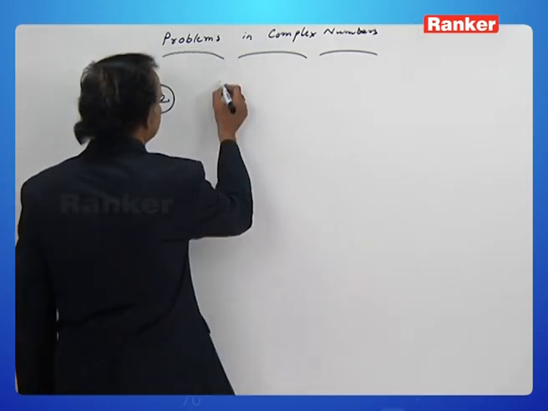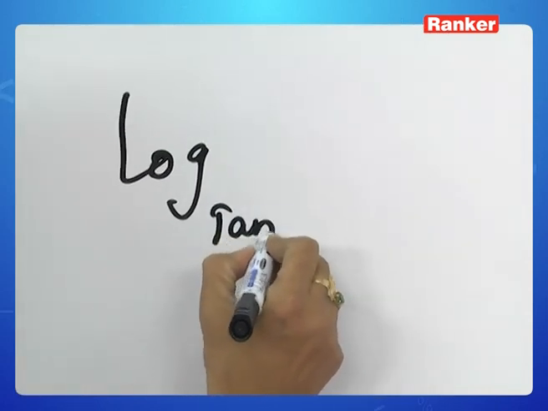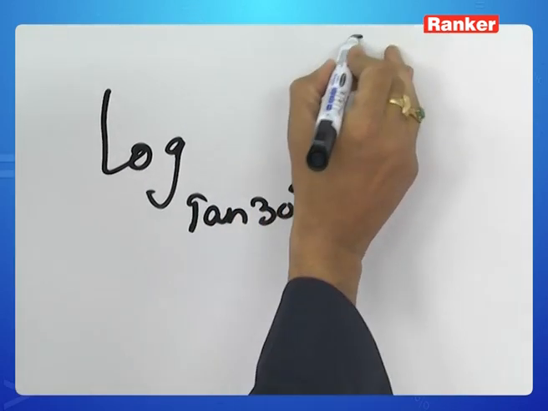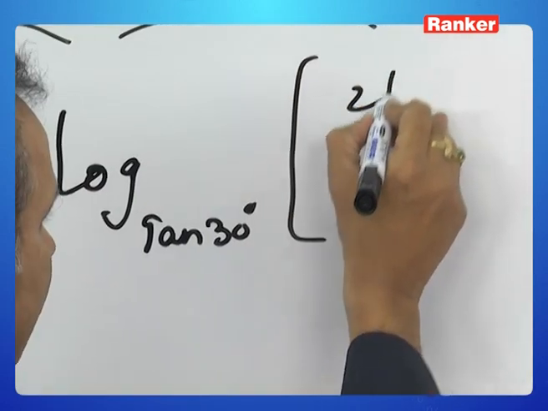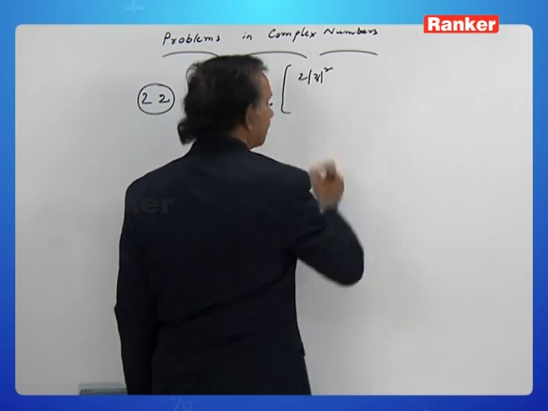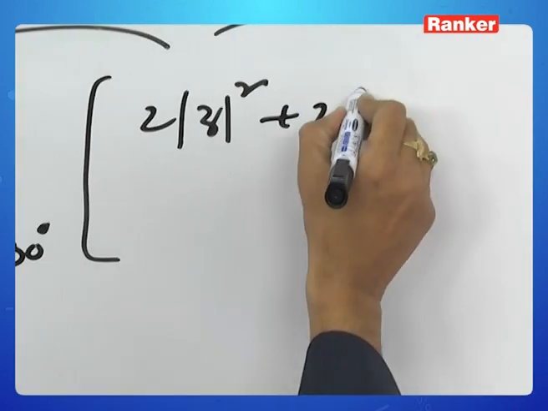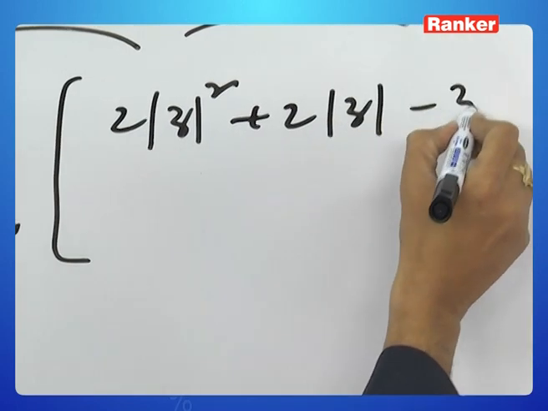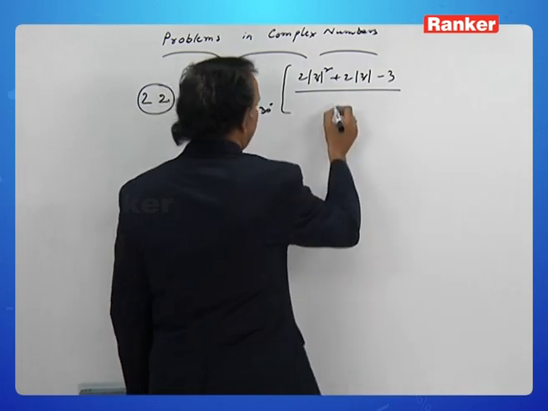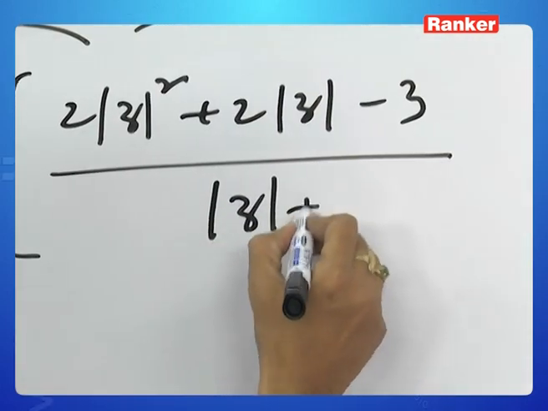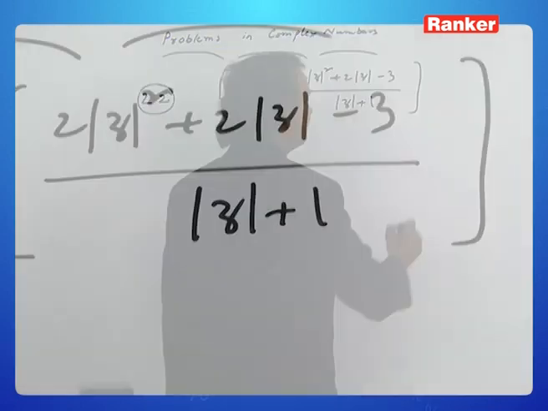Log to the base tan 30 degrees of 2 into mod z square plus 2 into mod z minus 3 by mod z plus 1 is less than minus 2.